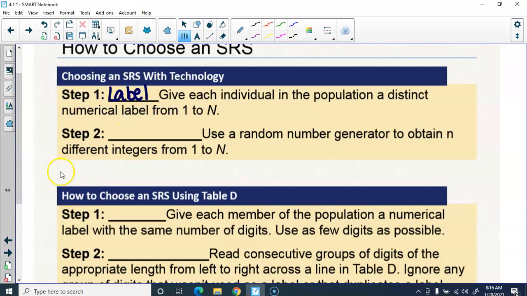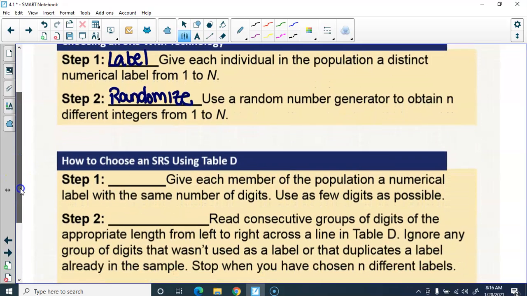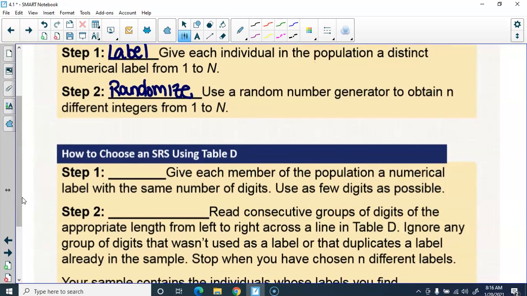Give each individual in the population a distinct numerical label from 1 to N, where capital N is the last person. We randomize using a random number generator to obtain n integers. So that's our sample size, lowercase n; capital N is our population size. And we can do that with a table as described below here.